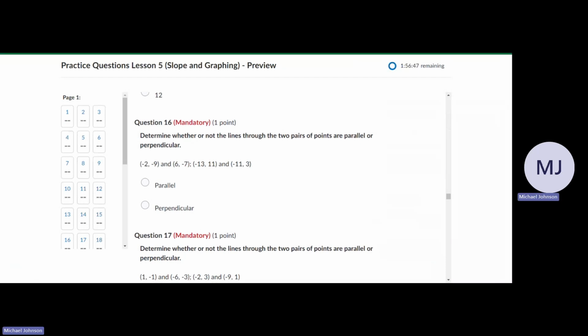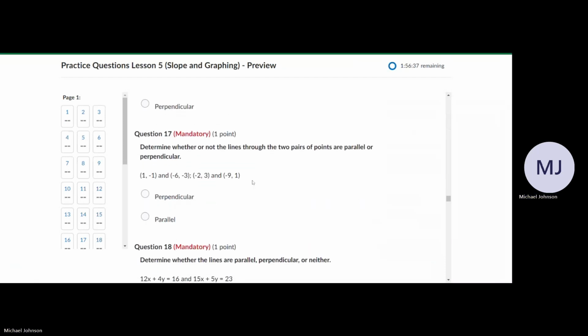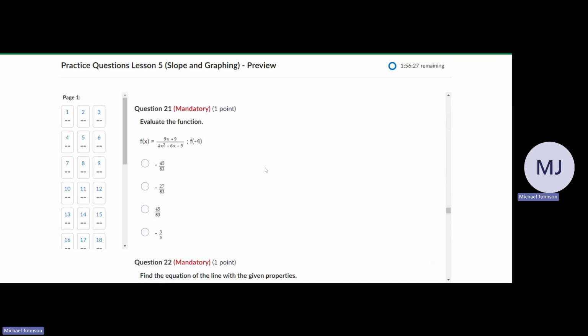Sorry, so perpendicular, actually, I'll rephrase. Perpendicular is that if one's moving horizontal, one's moving vertical. So basically, to find a perpendicular one, you gotta flip the slope and make it negative. So do that. So that's what you have to do.